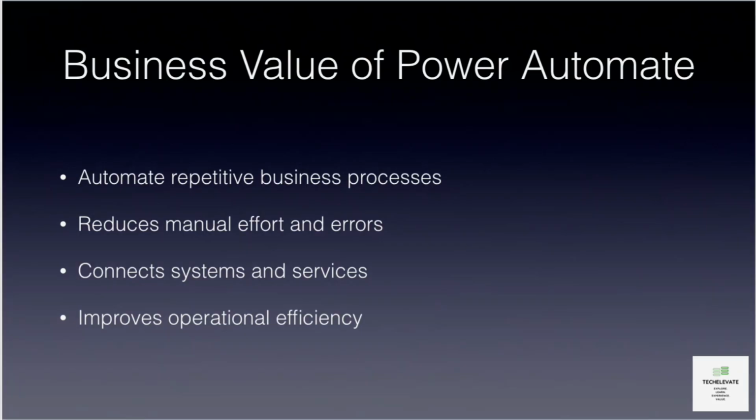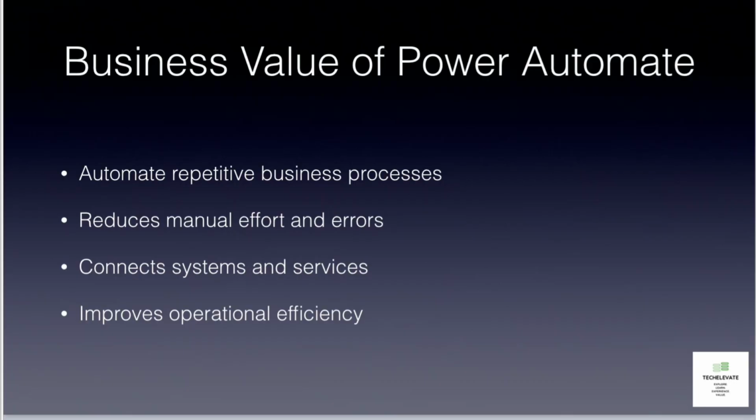Power Automate next. Now we're going to discuss the business value of Power Automate, which is a key component of the Power Platform and also an important topic of the PL-900 exam. Power Automate helps organizations automate repetitive tasks and business processes, allowing employees to focus on higher value work instead of manual activities.